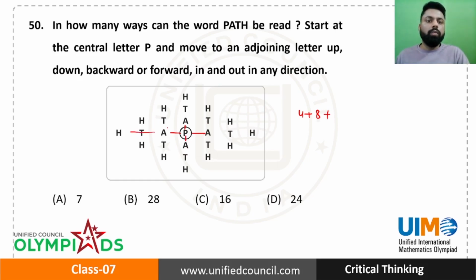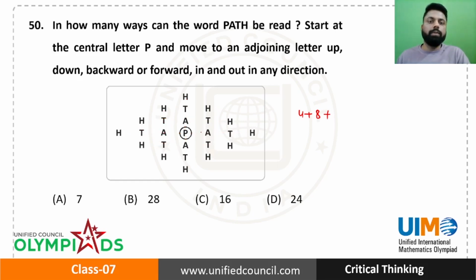So see, 1, 2, 3, 4, 5, 6, 7, 8, 9, 10, 11, 12. These are the letters that we can form. So there are 1, 2, 3, 4, and then from every part, 1, 2, 3, 4, 5, 6.